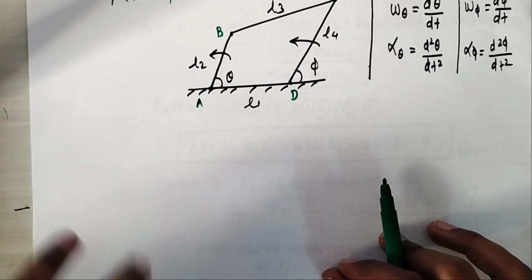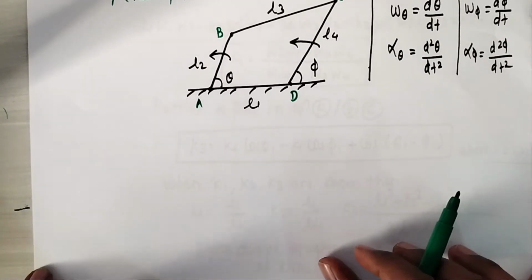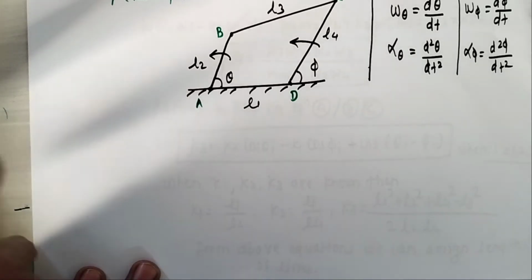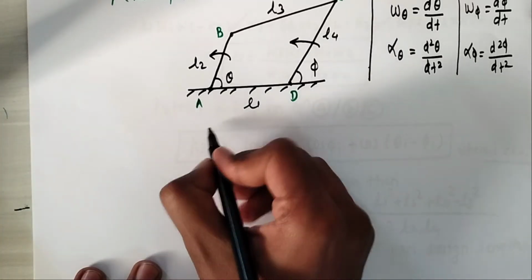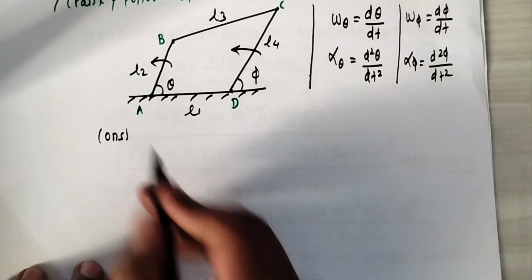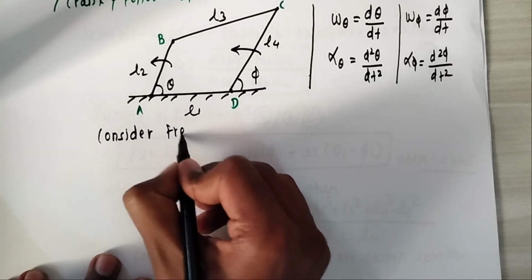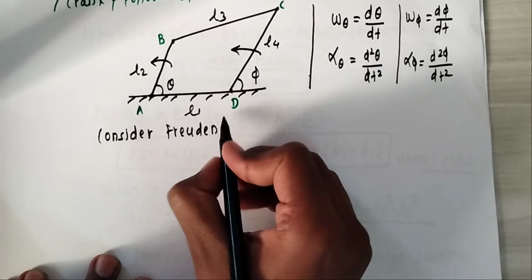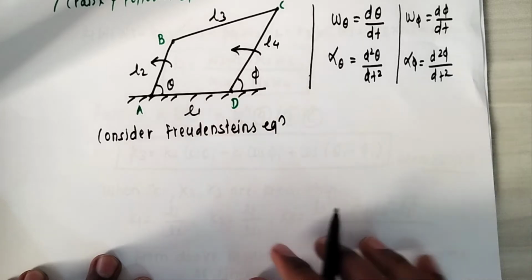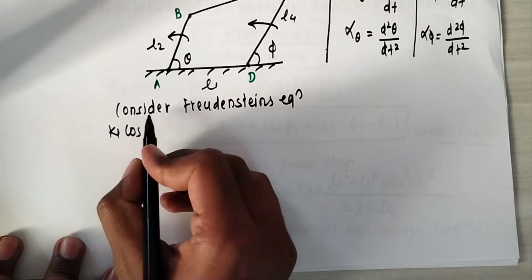We know the Freudenstein equation, so let's write the Freudenstein equation in general. We are not considering here 3 precision points, but let's consider the equation, which is k1 cos phi.